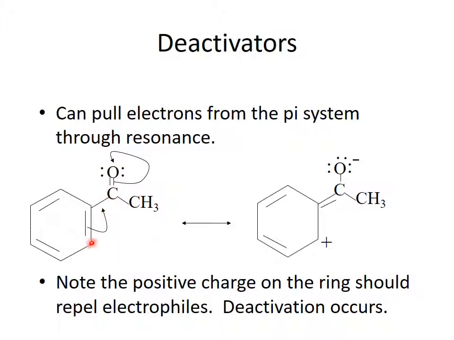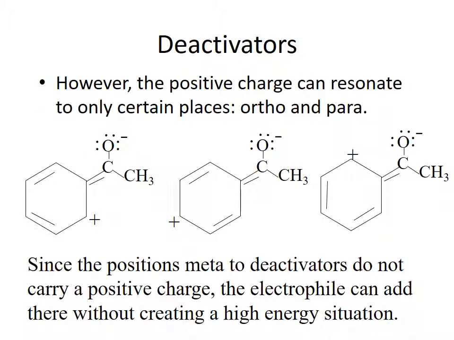So what that ends up doing is putting a positive charge here in the ortho position, and here in the para position and in this ortho position. The positive charge in the ring causes deactivation. The positive charge in those locations cause those positions to be very deactivated to addition.